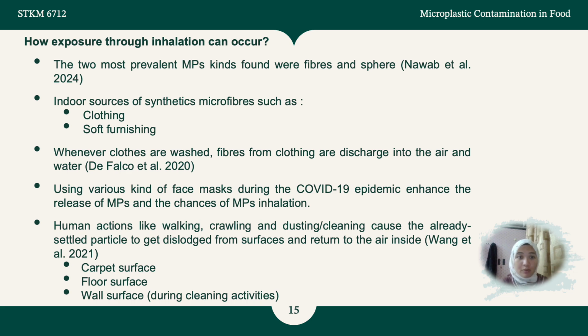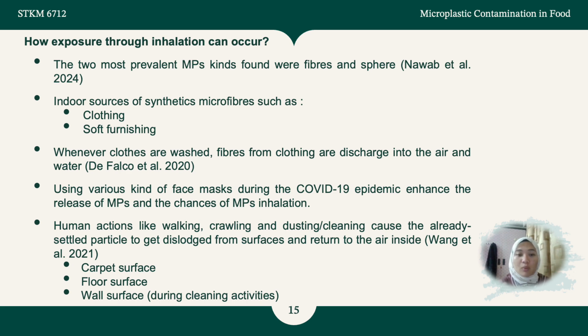Next, how can exposure through inhalation occur? The two most prevalent microplastic kinds found were fibers and spheres. But how can fibers and spheres exist in our air environment? The source is synthetic microfibers like clothing and soft furnishing.